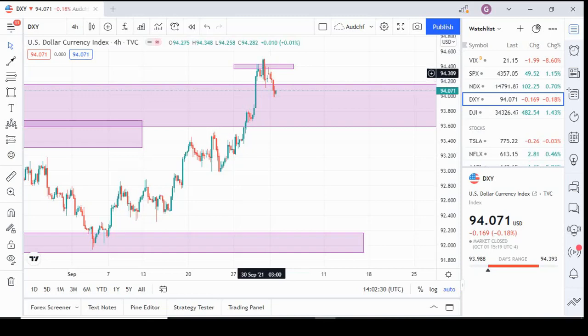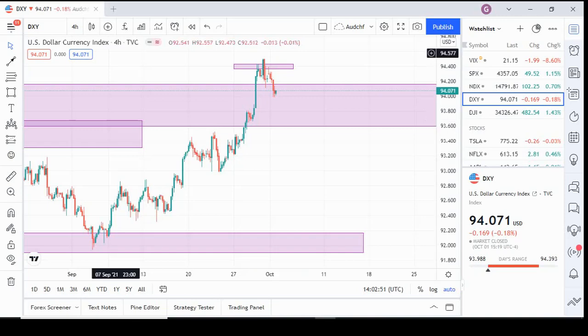It broke out of the structure, but then it couldn't retest and keep moving upwards. It broke out and actually broke back in, went back for a retest. Then we were looking for more selling opportunities over there, guys.